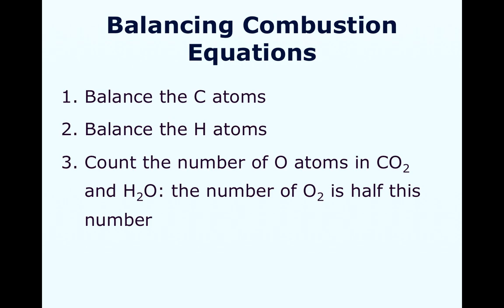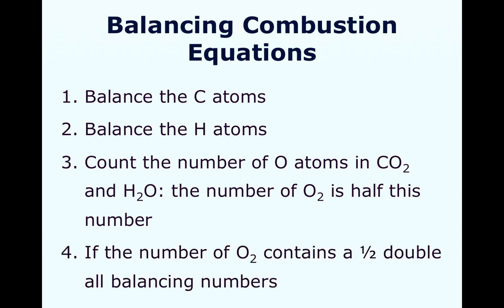Now the number of oxygen molecules that will be in the reagent is half this number. So for example, if you have one carbon dioxide molecule and two water molecules, that adds up to a total of 4 oxygen atoms. So the number of oxygen molecules used in the reaction would be 2, half the number of oxygen atoms.